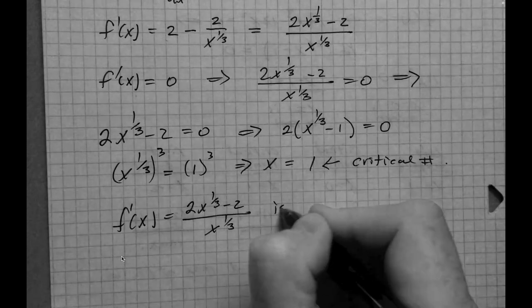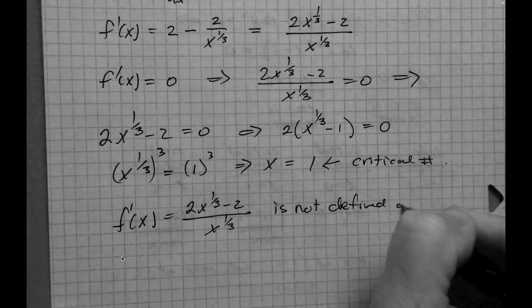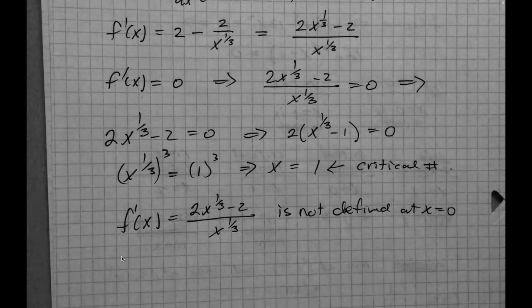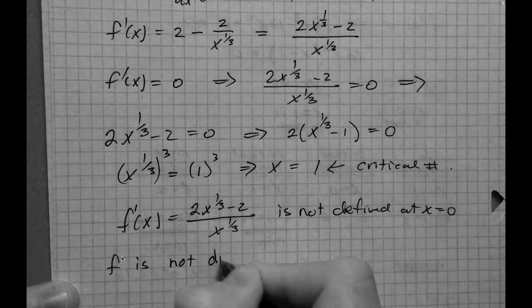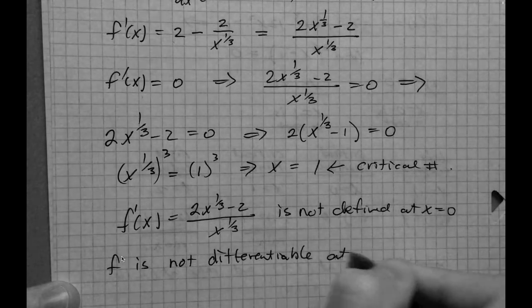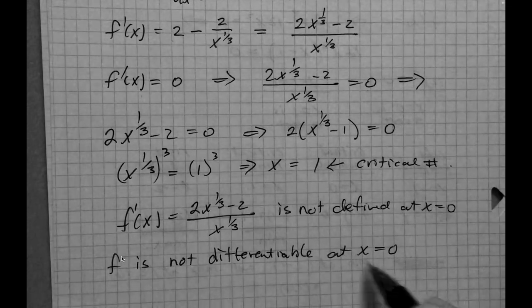So the derivative here is not defined at x equals 0, right? And so what does it mean when the derivative is not defined? Well, it just means that f is not differentiable at x equals 0, right? So another critical number would be x equals 0.